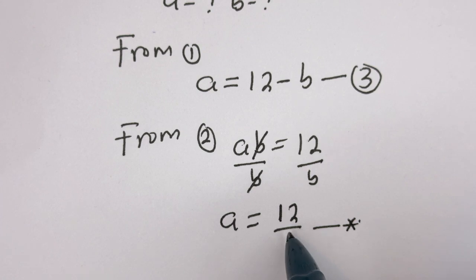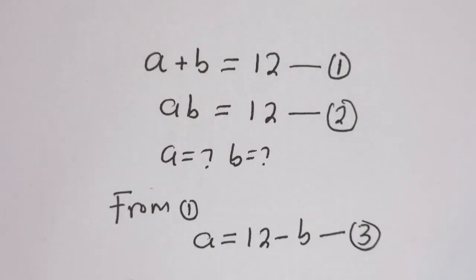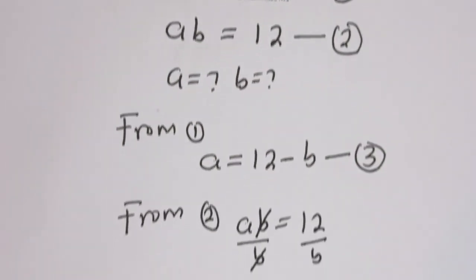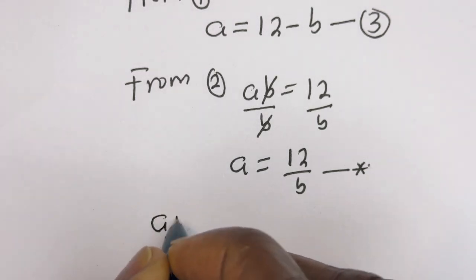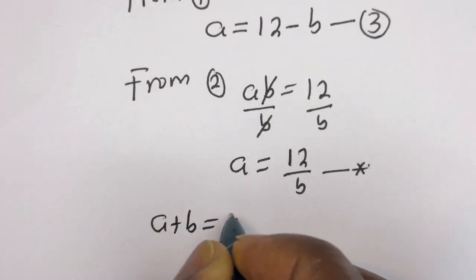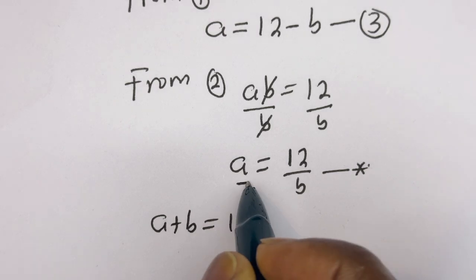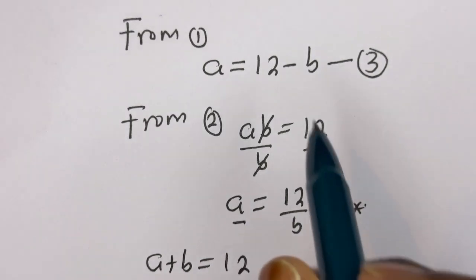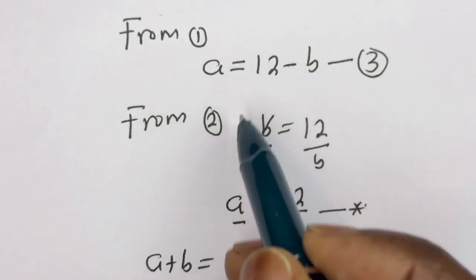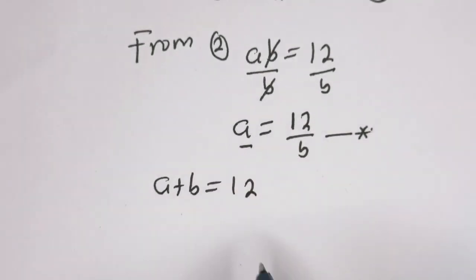Let's substitute this equation into our equation 1. That is, a plus b equal to 12 when a is equal to 12 divided by b. Or you may also use equation 3 to substitute for a, but I'm making use of this.